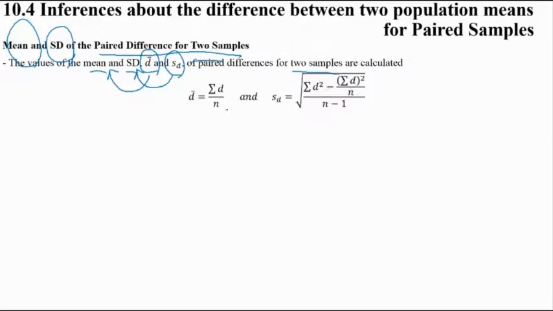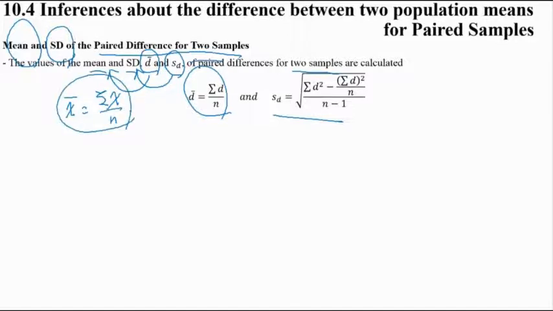So we have two samples, and we are looking for the mean and standard deviation of the paired difference. D bar is the sample mean, and S D is the standard deviation of the sample. This is the formula to remember: like X bar before was sigma X over n.